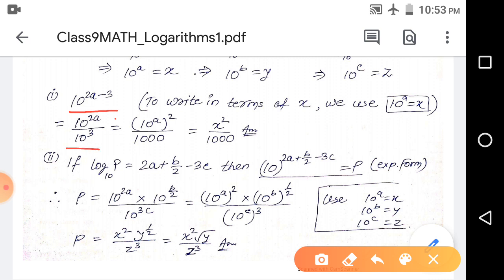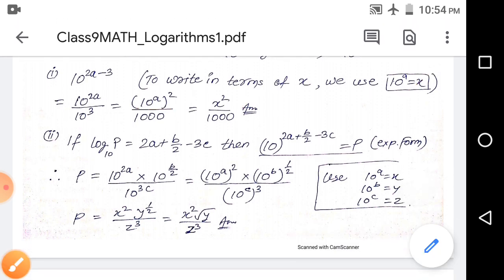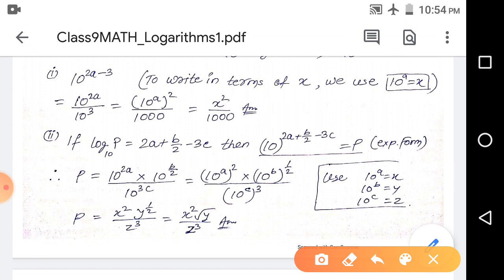We know that when powers are subtracted, those two terms are divided. Now for 10 to the power 2a, we can write (10 to the power a) whole to the power 2, and 10 to the power 3 is equal to 1000. So 10 to the power a means x. So this equals x squared by 1000. This is the answer.